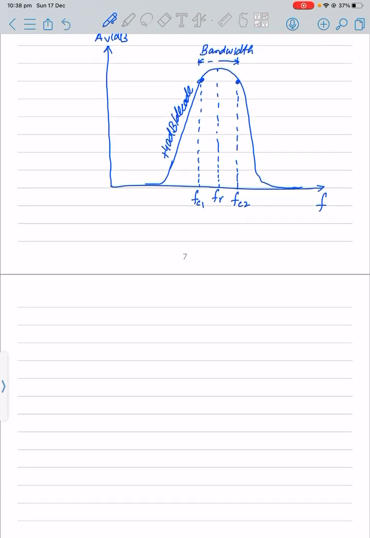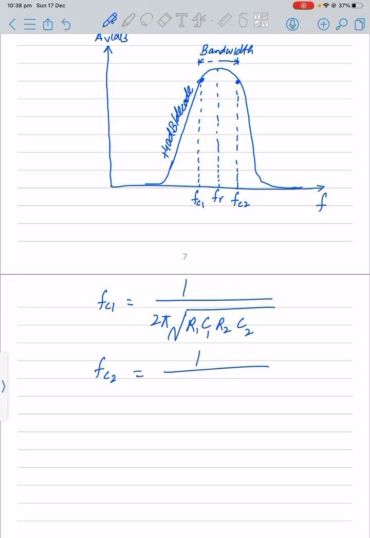For FC1 we can calculate it using our previous formula, that is 1 over 2 pi square root of R1 C1 R2 C2. Similarly for the second order low pass active filter, it is R3 C3 R4 and C4.